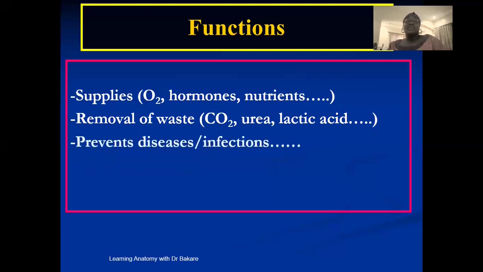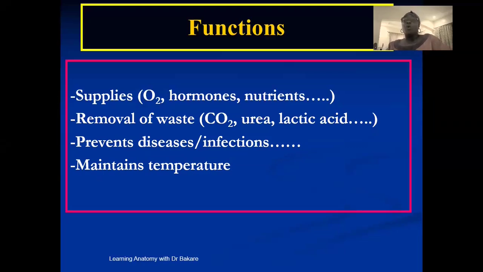It is also seen to help prevent diseases and also infection. There is a particular cell in blood, which will be unfolding as we go through this lecture, that is responsible for immune function. So it also exerts the function of protecting the body against infection and diseases. It also creates the means through which temperature is maintained, and it does this through vasodilation.